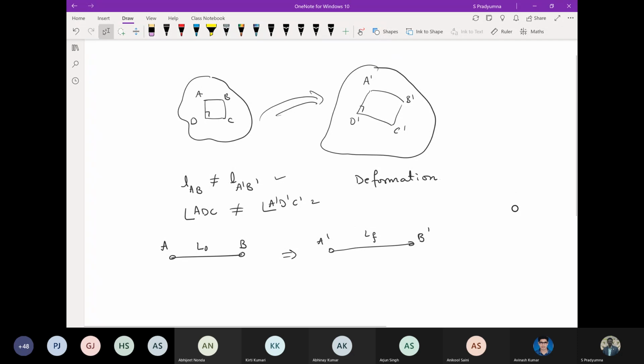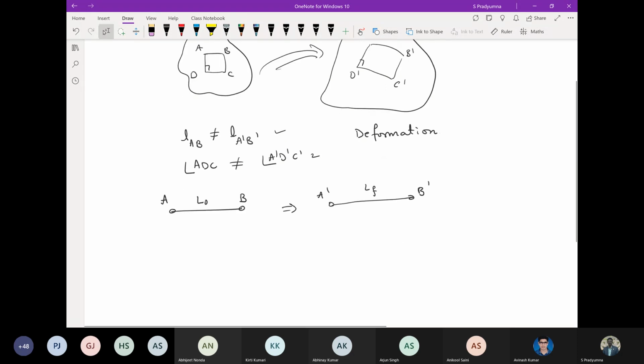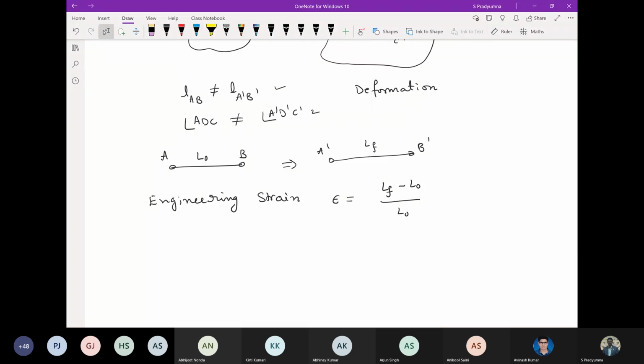There is one component of strain which we call engineering strain. This is epsilon along the length, equal to the final length minus the initial length, divided by the initial length. This, by and large, is the definition of engineering strain. Why do we call it engineering strain? There are two things. One is engineering strain, in which we consider the initial length of the element throughout while calculating the strain.